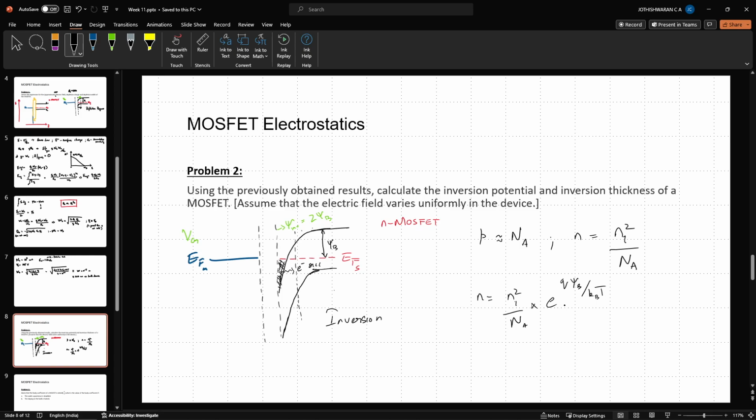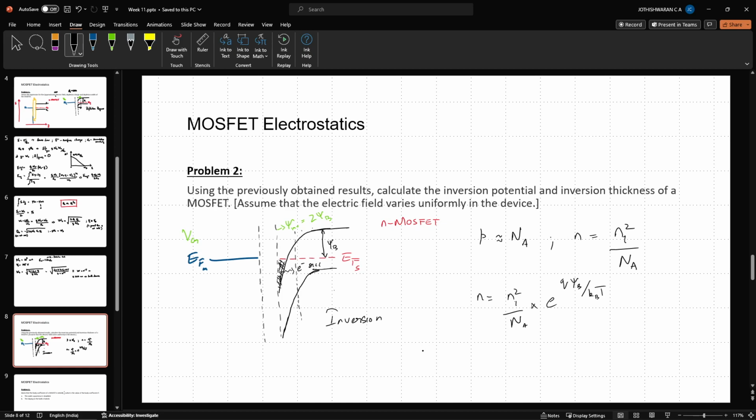Now what we want is an inversion, which implies essentially as many electrons as I have holes here. I will want those many electrons to be present in my device when inversion is achieved, at least very close to the oxide semiconductor interface.